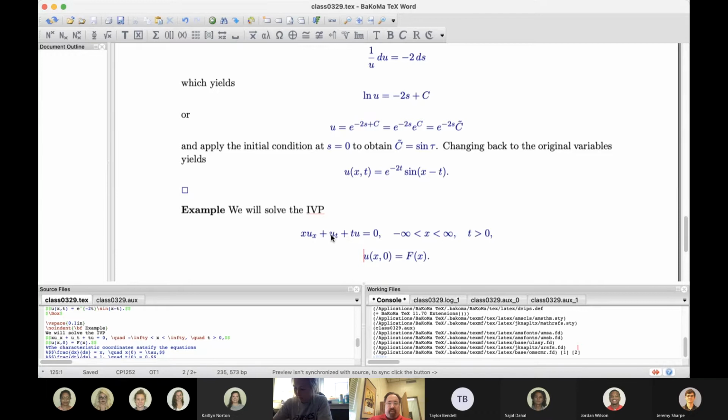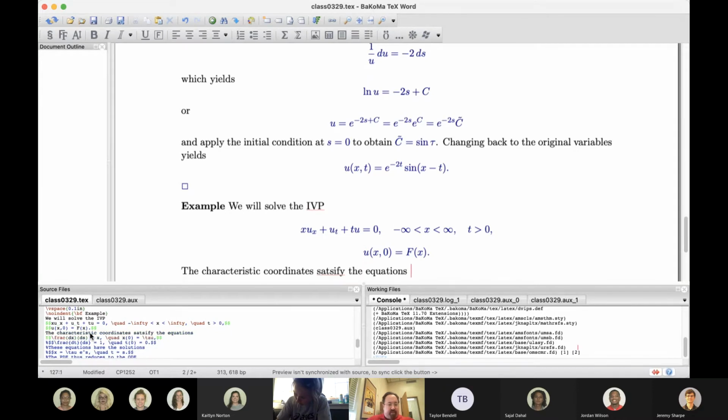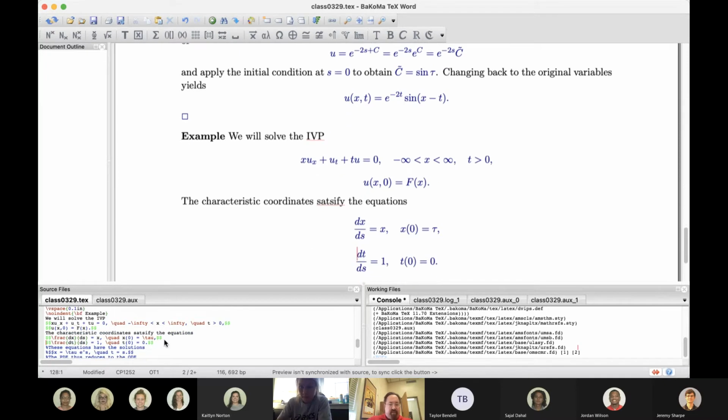And then the coefficient of ut is still just 1. And then we have this variable coefficient of u here. And we have some general initial conditions. So it's capital F of x for whatever that might be. So what we get for characteristic equations for x and t.